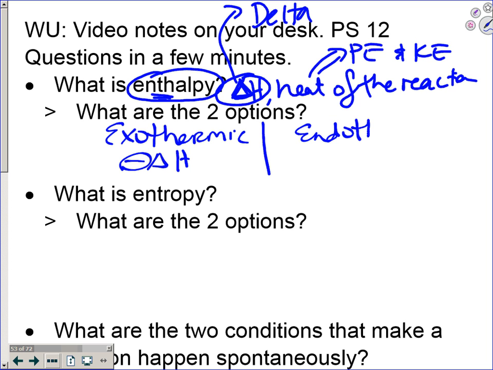Endothermic is another way to express enthalpy about the type of reaction, and that's going to have a positive delta H. Good. Okay. So we have some reactions that consume or use energy, and we have reactions that release energy. Which one releases energy? Exothermic is going to release energy, right?